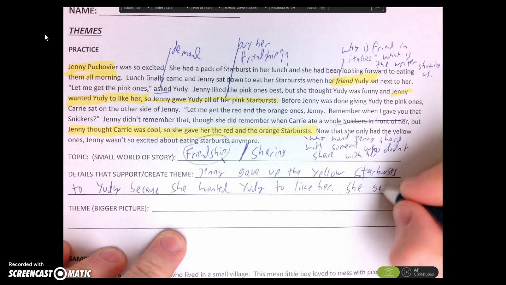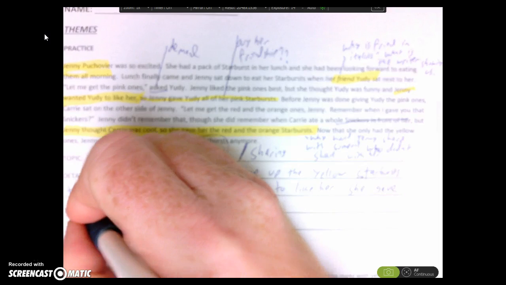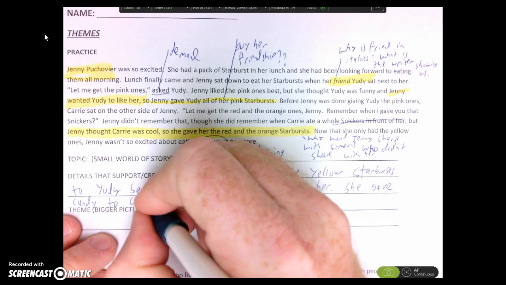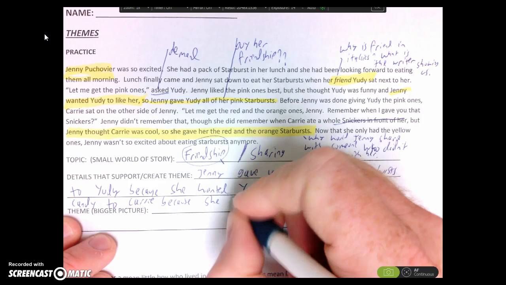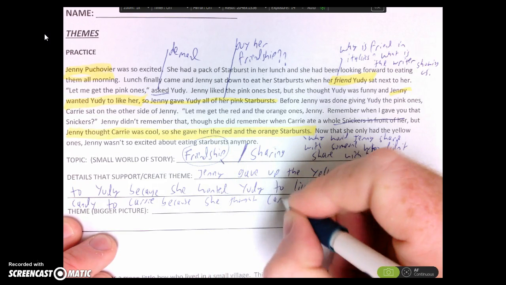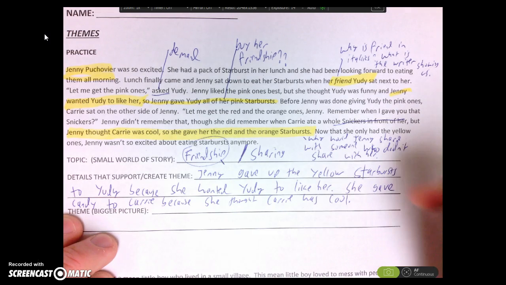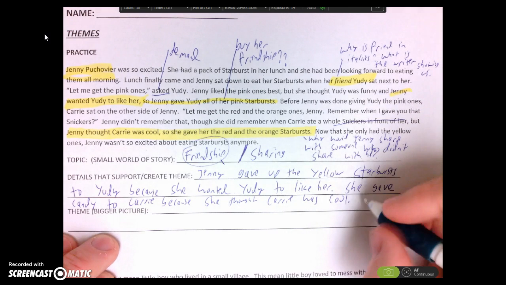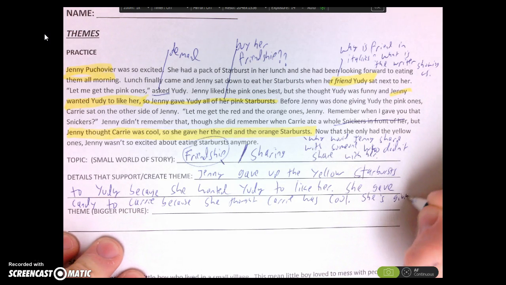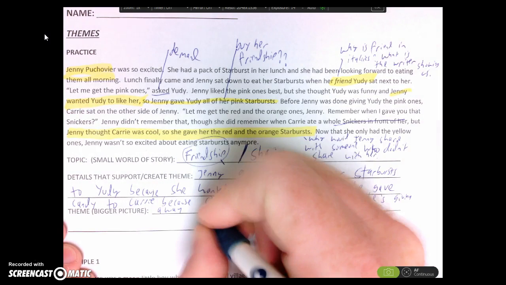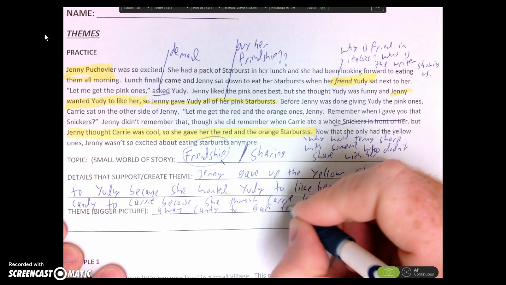And then she gave candy to Carrie because she thought Carrie was cool. Right. From this, I'm going to say she's really giving away candy to gain friends.